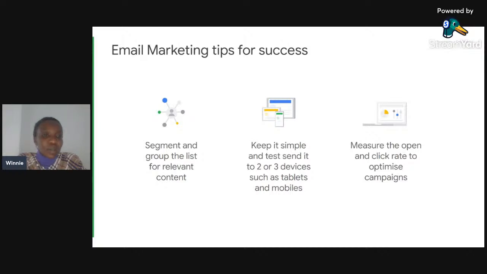Keep it simple, and then test it: how does that look on mobile, how does that look on tablet, because potentially they're reading their emails on their phone. If it doesn't have a good look and feel, they won't even, probably if they clicked on it once, the next time they won't look at it. Then you can measure your open and click rate so that you optimize your campaign.